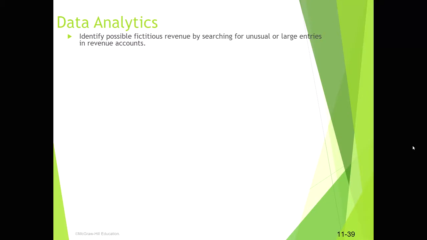Looking at analytics, again, that's where we're taking the population of transactions as opposed to just taking a sample, which is historically how the substantive procedures have looked at transactions. But here we're looking at a population of transactions. So there's a lot of different things you can do in the revenue and accounts receivable space with the right data. Looking for fictitious revenue by looking for unusual entries in the accounts, right?